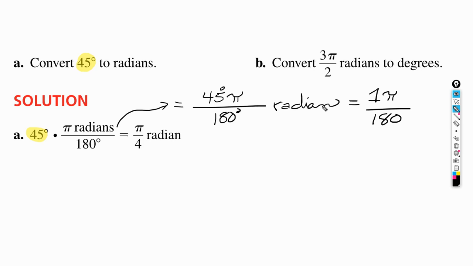So that's how they got this, because I don't need the 1 in there. That's how they got this pi over 4. Does that make sense?